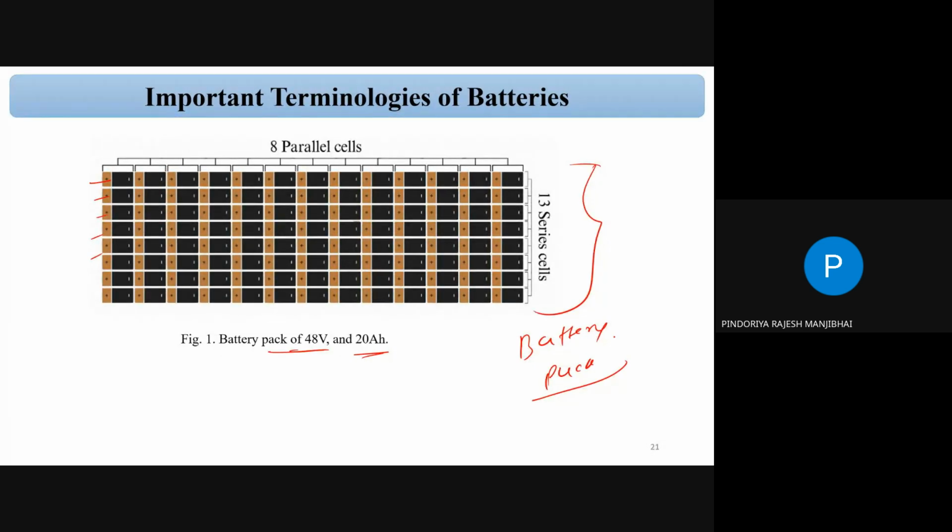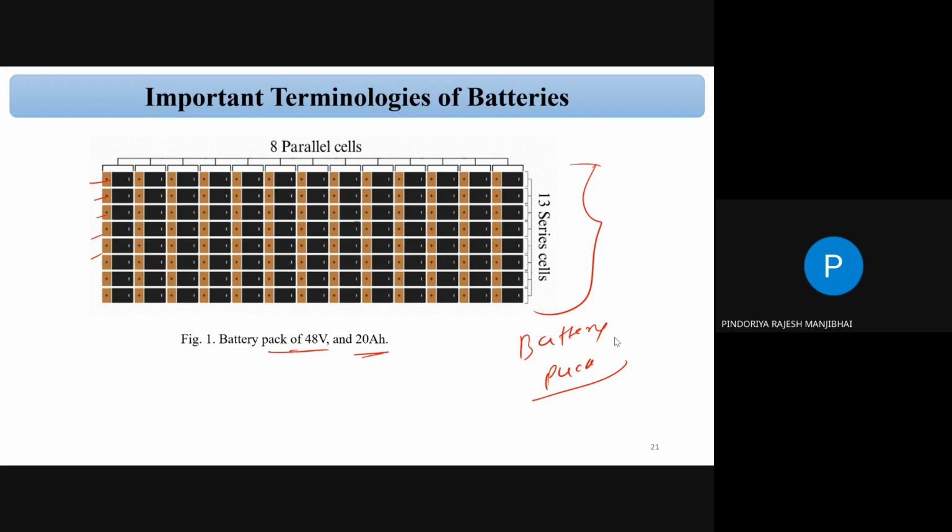We have to analyze and calculate every parameter for this battery pack, and there is a major issue, otherwise we can say a major role for the electric vehicle: how many cells we have to connect in series and parallel, so we can effectively get the battery voltage as well as the current rating.